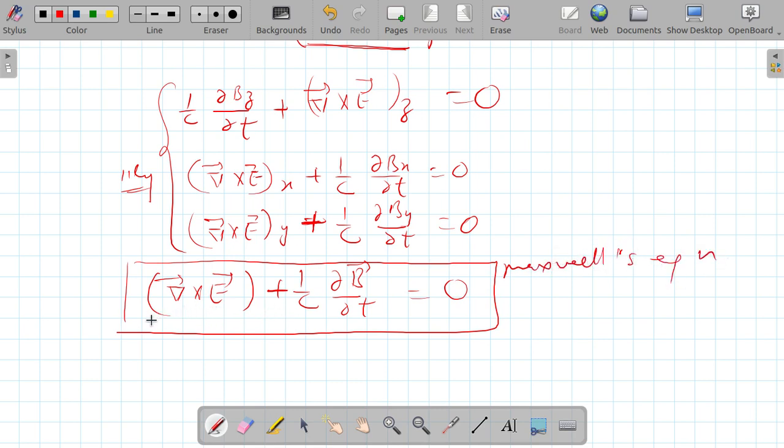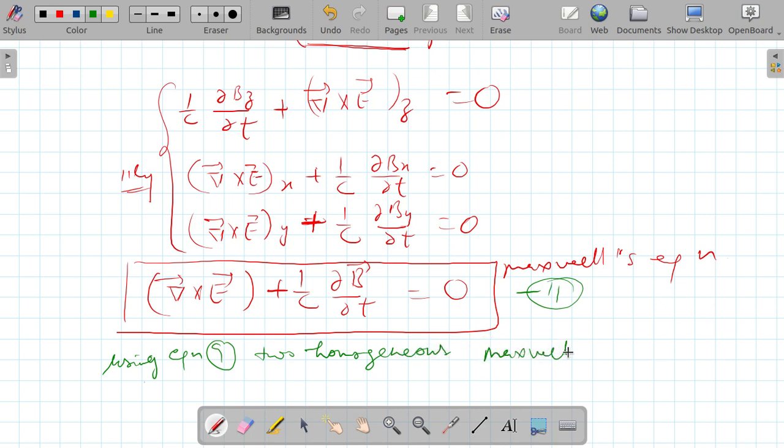That means, using equation 9, two homogeneous Maxwell's equations can be derived.